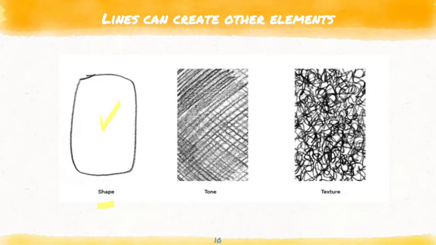And of course, lines give birth to texture when there is a random buildup of lines. So all of these three, the shape, the tone, and texture, are creations of line. Okay?